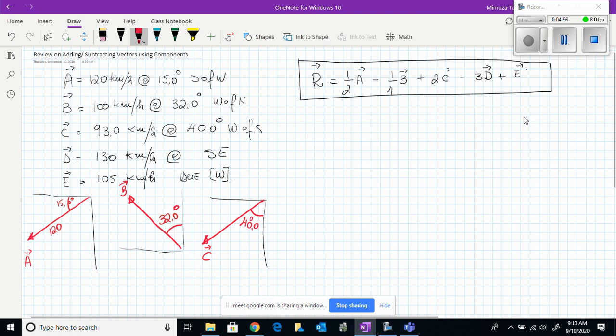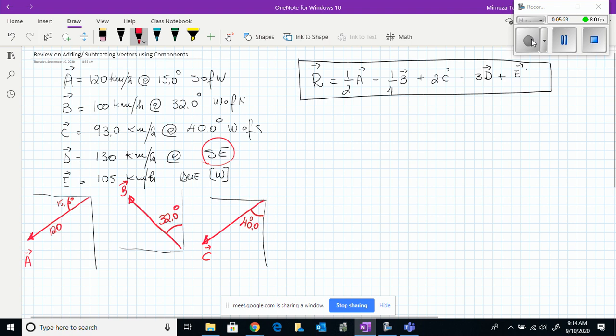Vector D. What is the angle with either of those axes? I'm waiting for an answer here on the chat. Yes, it is 45. How do we know it? Because it's southeast. When you see this expression, that means that it is right in the middle. Great.